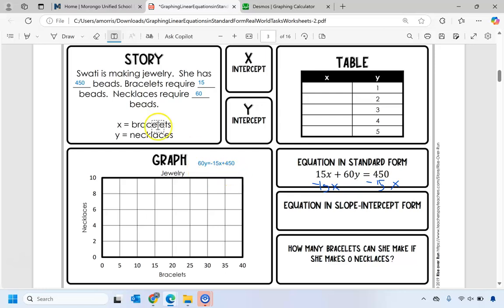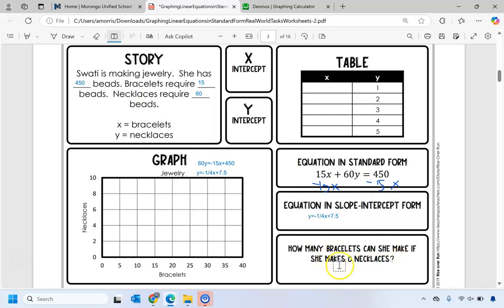So 60y divided by 60 is going to give me y, and this is going to give me negative 15 over 60, which reduces to negative 1/4 x. And if you do 450 divided by 60, you get 7.5. All right, so this is my equation in slope-intercept form.